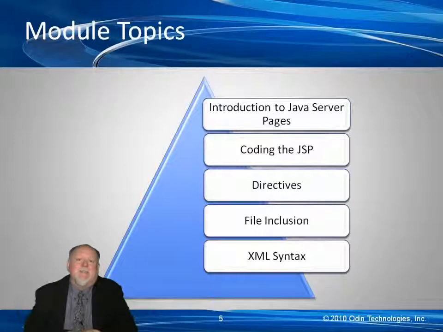We'll also look at the XML syntax variant for how to specify within our JSP what Java is supposed to do. So we're going to have, right off the bat, two different ways of doing this. We can do it as pure XML within the HTML, or we can use special constructs from JSP itself.